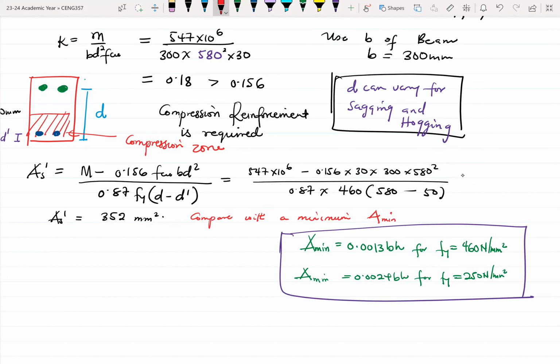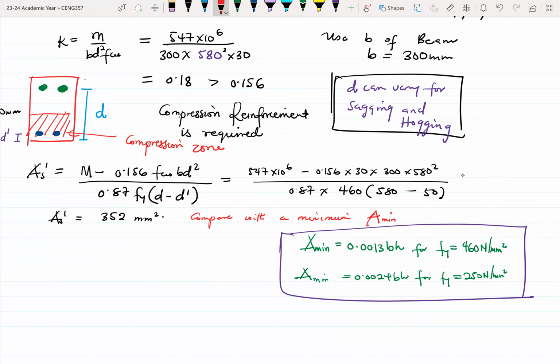All right. So here our A minimum would be 0.0013. I hope I've not written too many zeros. Times the B is 300, the H is 660.